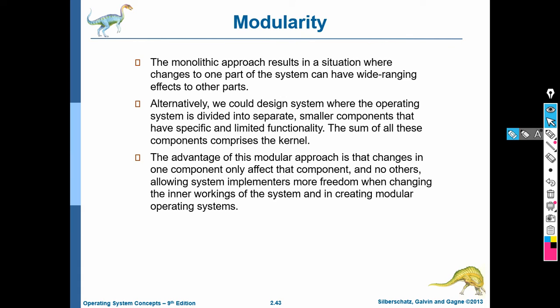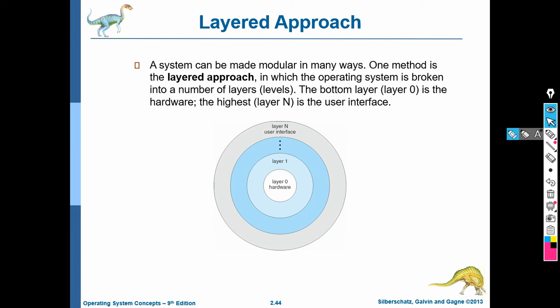So by dividing the services into modules, the advantage is that when you change one module, it will not affect the other one, right? So in the layered approach, you can find at the center the hardware as layer zero.